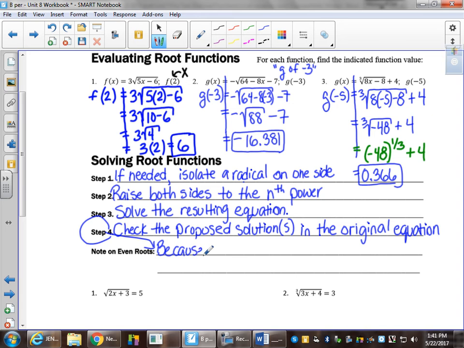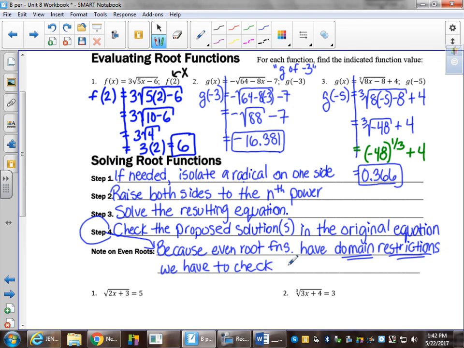Because even root functions, and we're going to use FNS as an abbreviation for function, have domain restrictions, we have to check to make sure the answer isn't false.